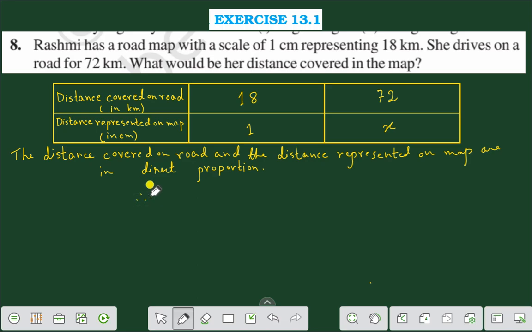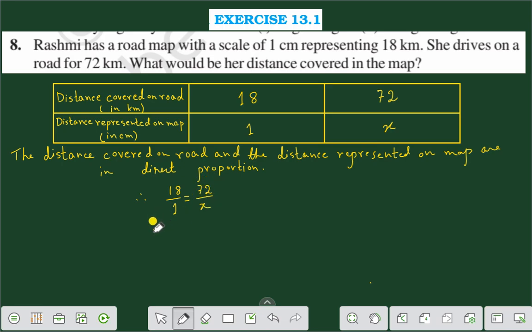Therefore, we can write that 18 by 1 is equal to 72 by x.